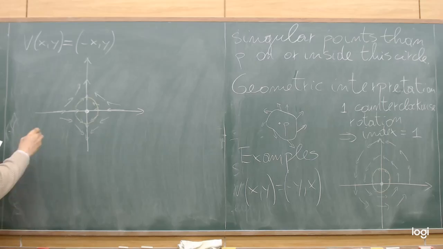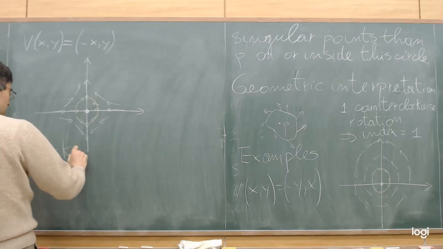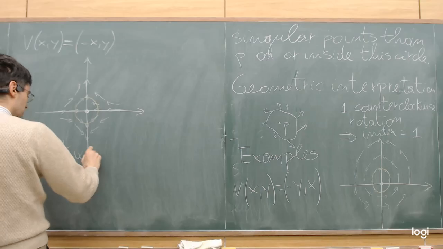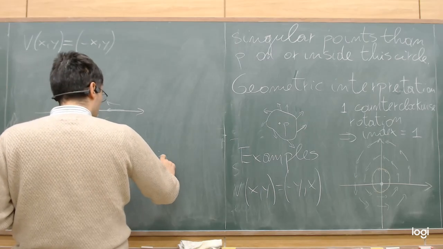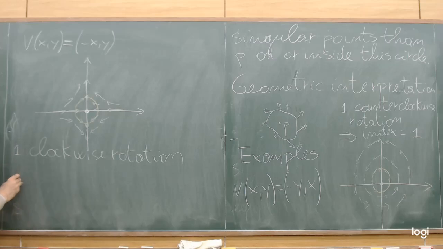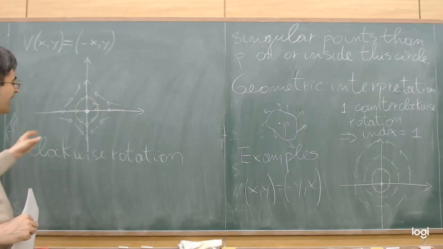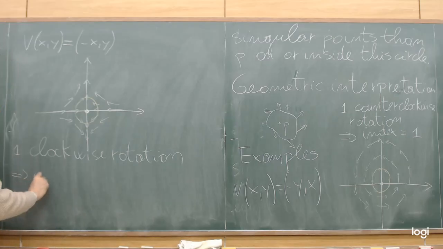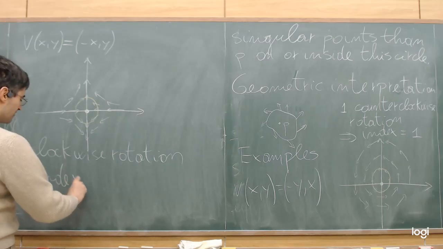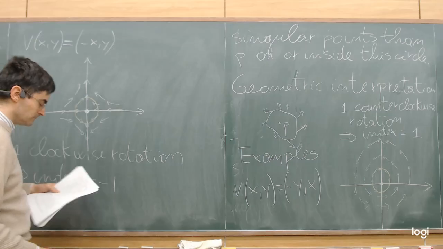This means that you make one clockwise rotation. You can see this rotation as a negative counterclockwise rotation, which implies index equal to -1.